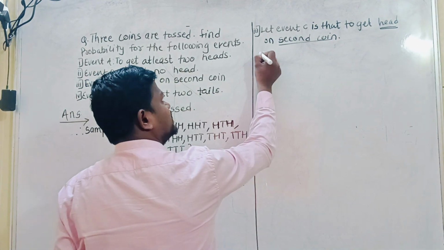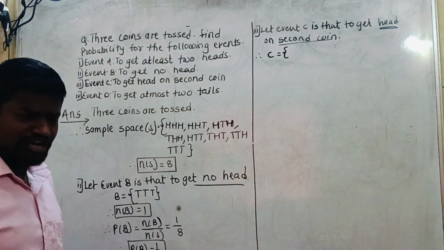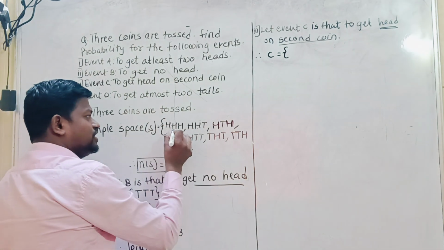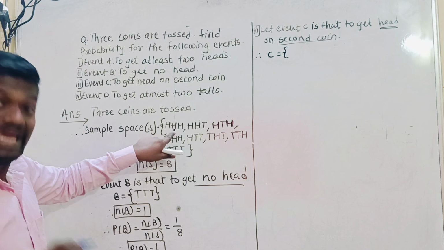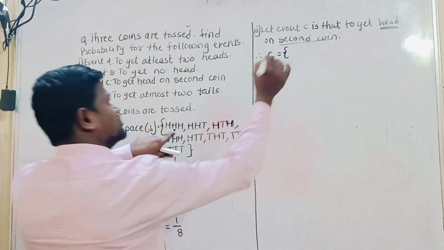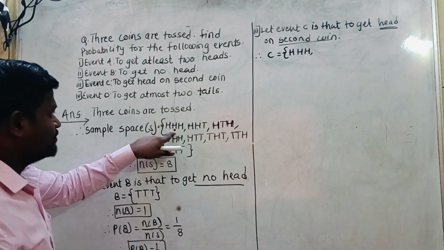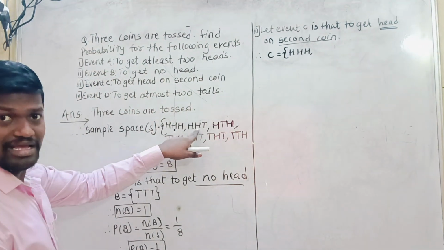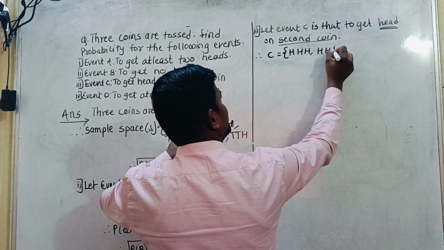So first we write down our sample space for the C event. Check out here, in the second coin we get a head, so this is our answer. Let's check out the second sample. See, in the middle we obtain H, so this is our answer.